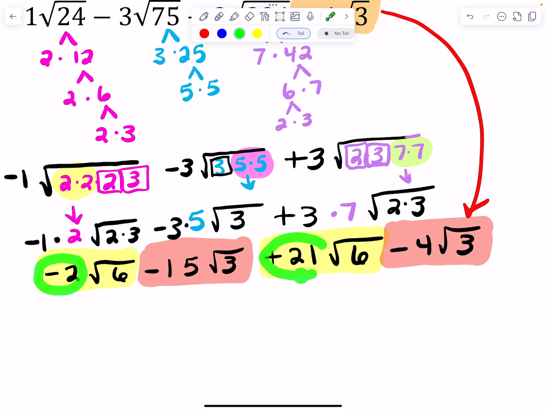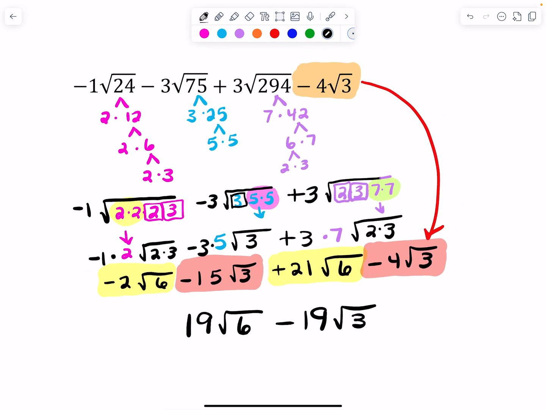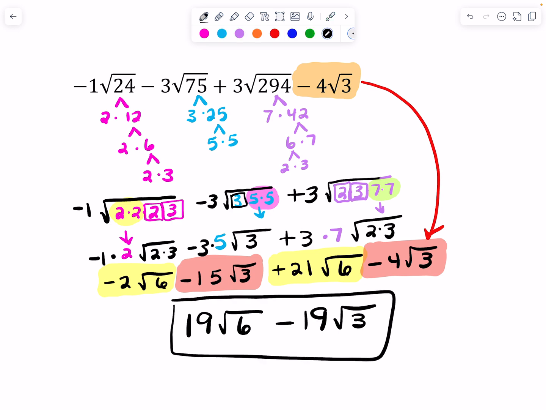Negative 2 plus 21 gives us 19 square roots of 6. And then we have negative 15 minus 4, which gives us negative 19 square roots of 3. Now, these don't match. Square root of 6 and the square root of 3 are not like terms, so we can't go any further. So this is going to be our final answer.